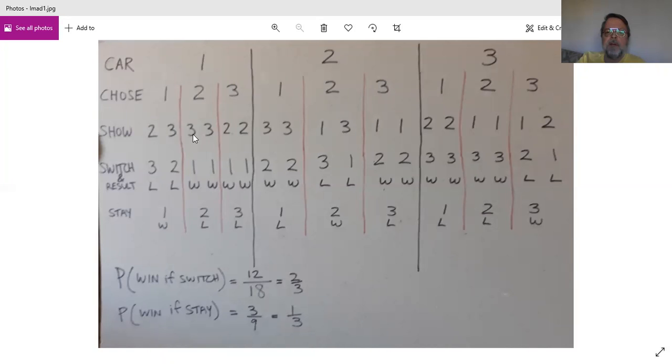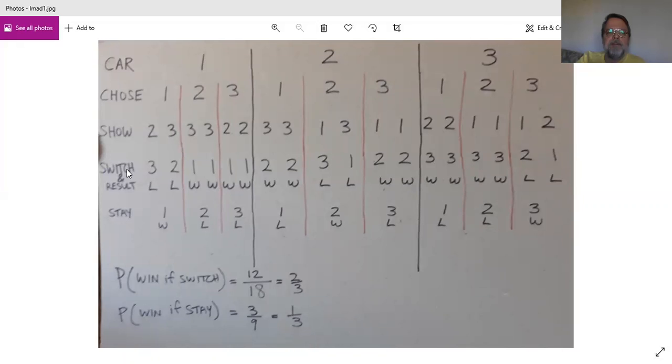So that's why I list three here twice, because all the probability has to go to door number three in that scenario. Now, if the car is behind number one and I chose door three, likewise, he could only open door number two for us. And so I put all the likelihood on door two there. So that way you see the possibilities here. And I do the same thing for car behind door two, and car behind door three.